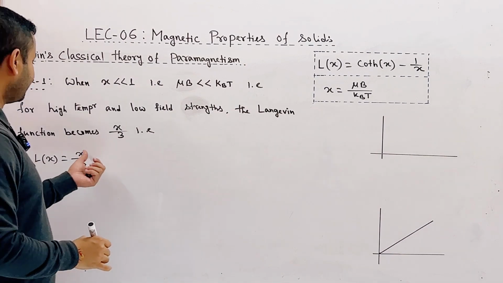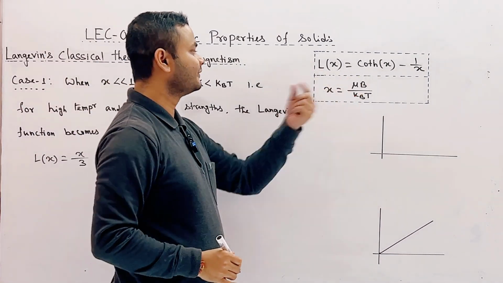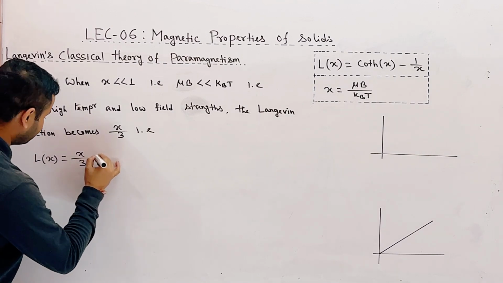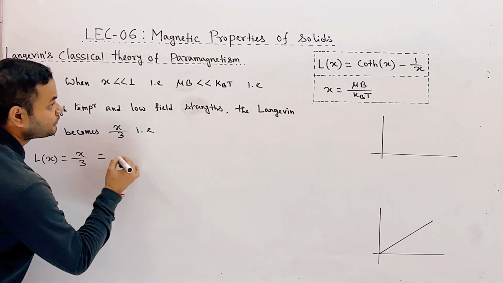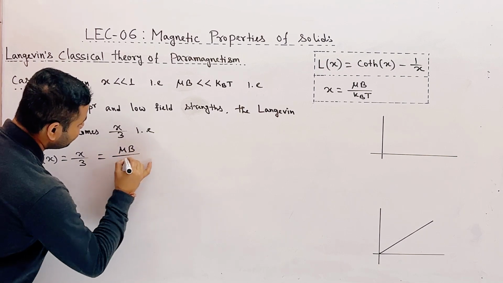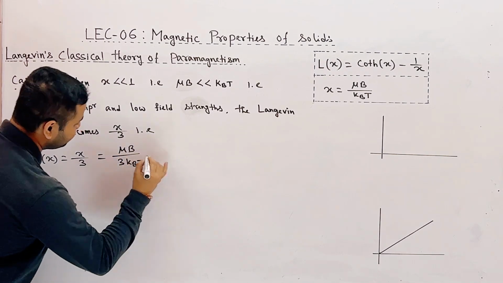We know that the value of x is mu B divided by kBT. So under this condition, the value of L(x) will be mu B divided by 3 kBT.